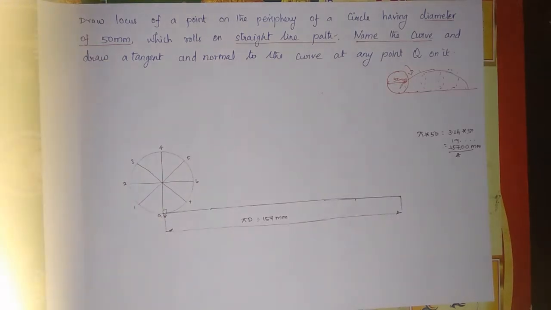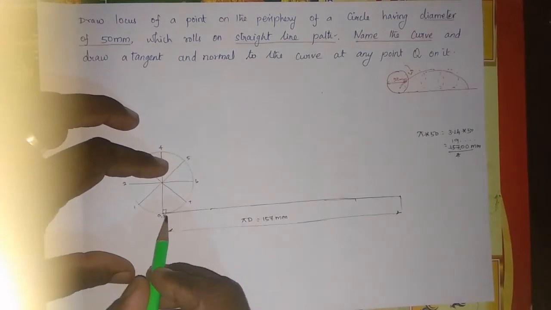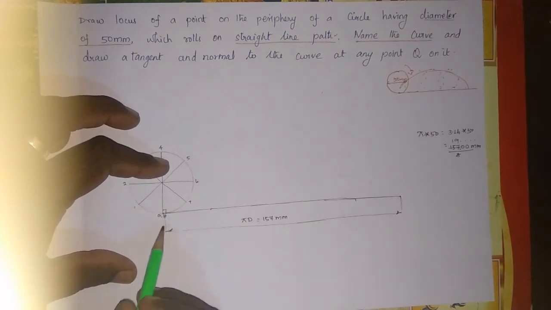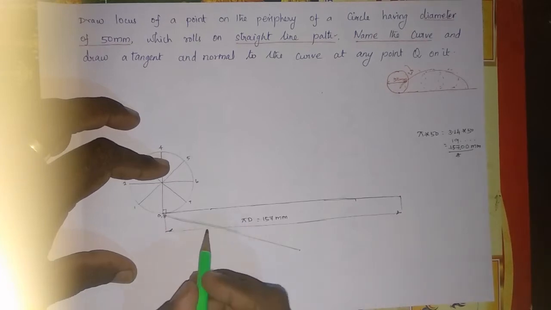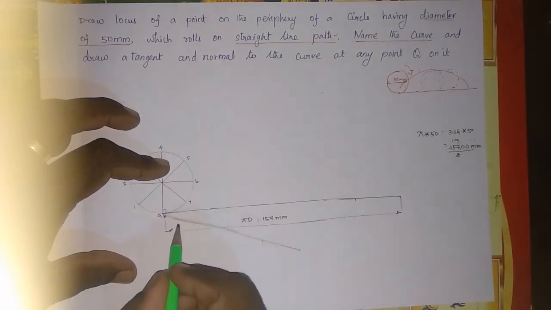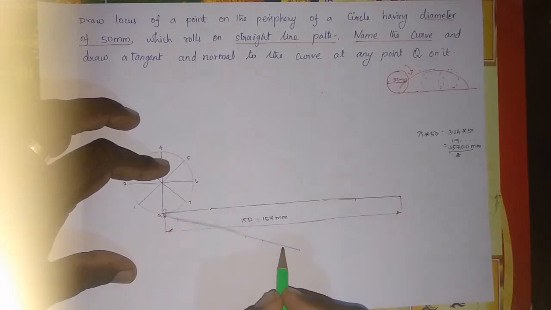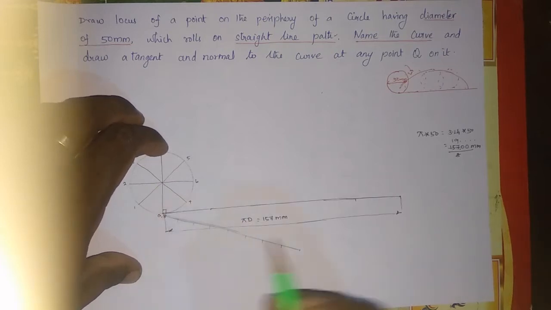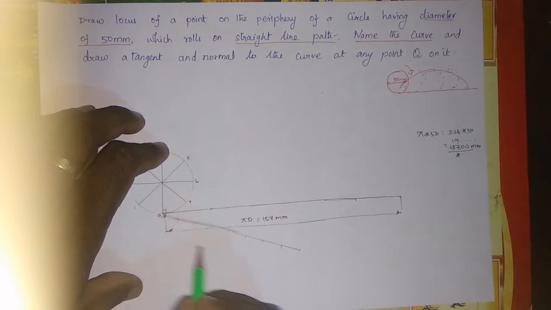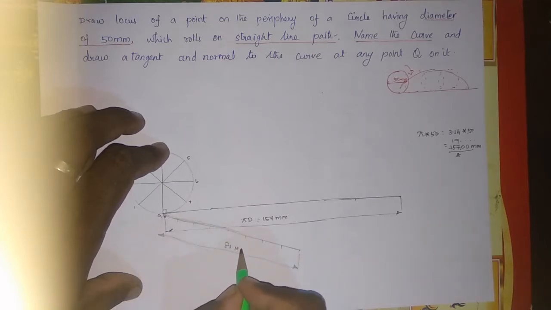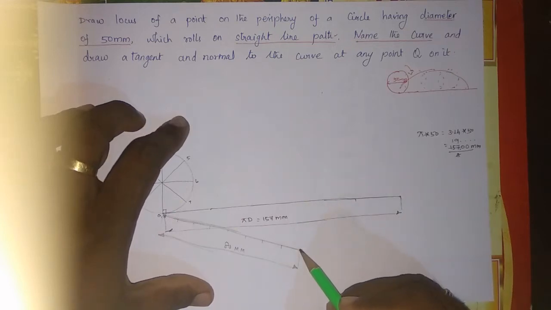For that I draw one inclined line which has 8 equal divisions, of an equal length of 80 mm in total.